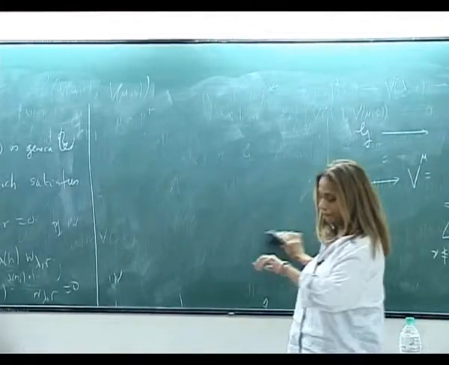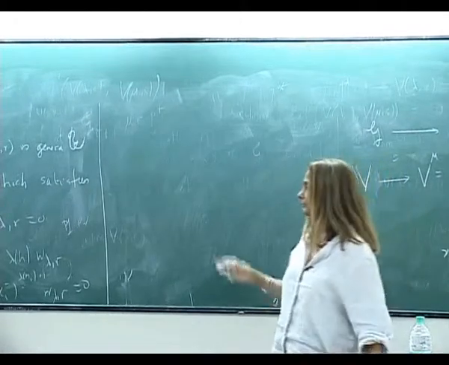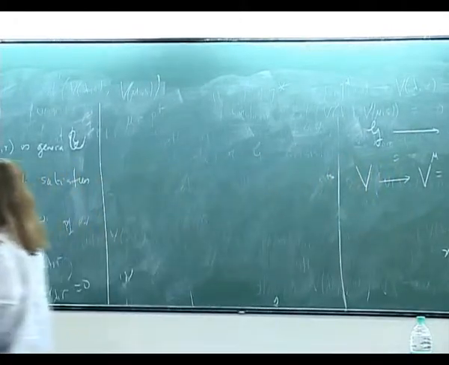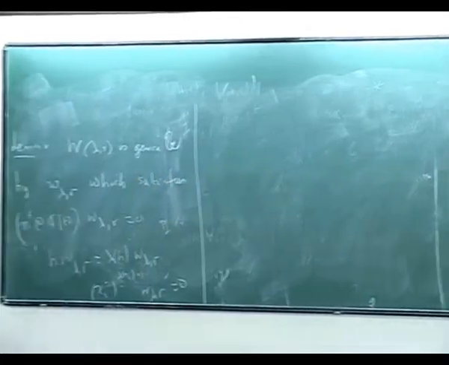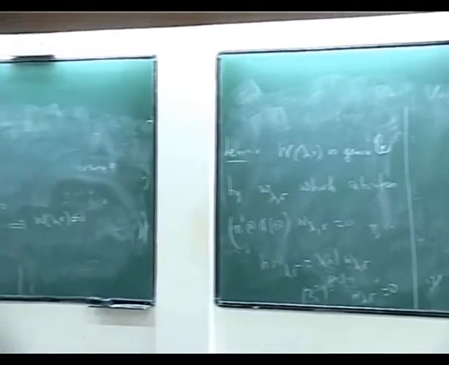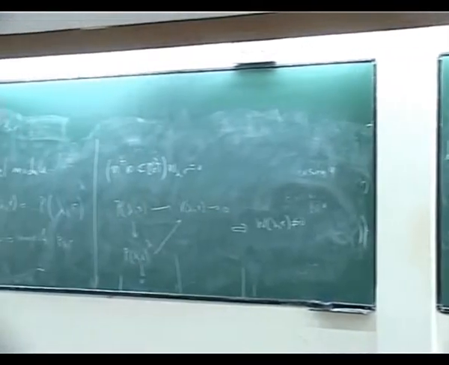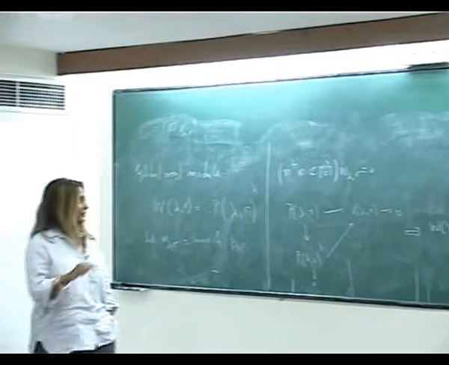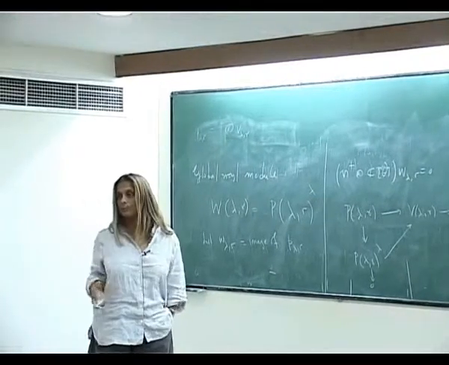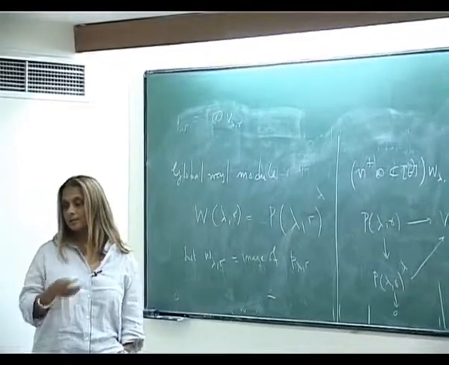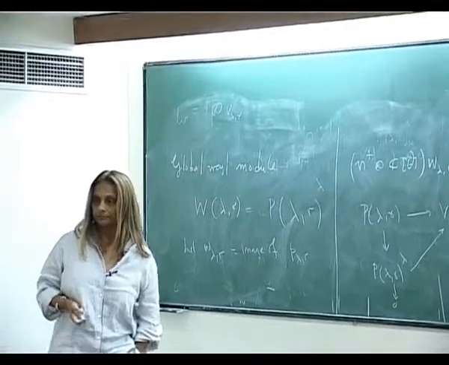Now, of course, I should give you some justification for why it's called global and so on. But what is the difference between this global Weyl module and what we've been calling local? What is missing in this definition?